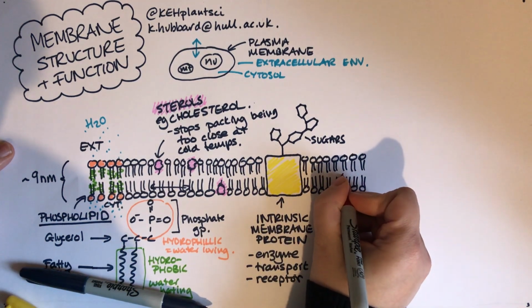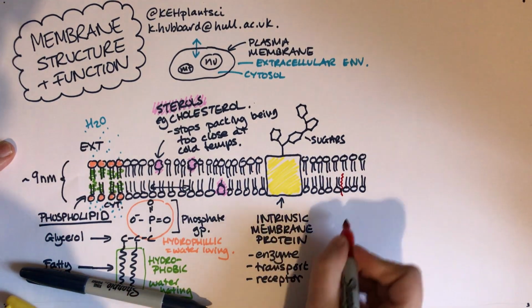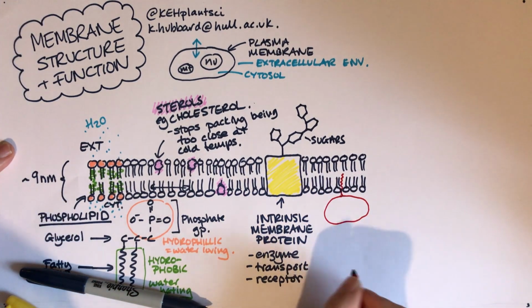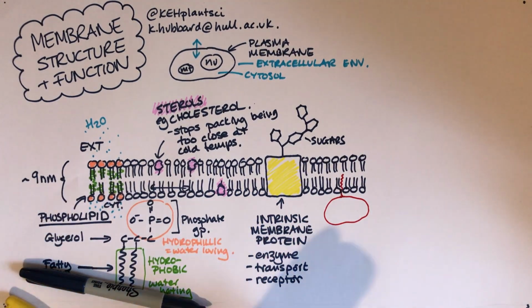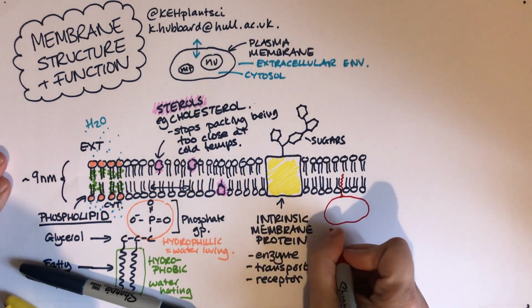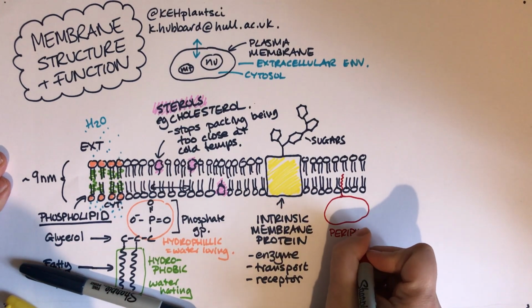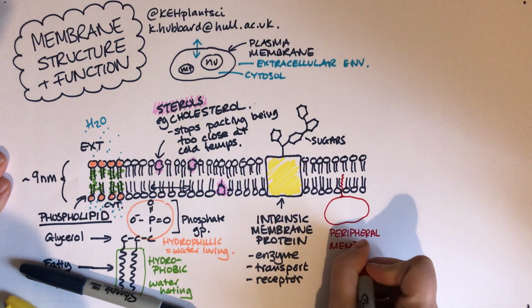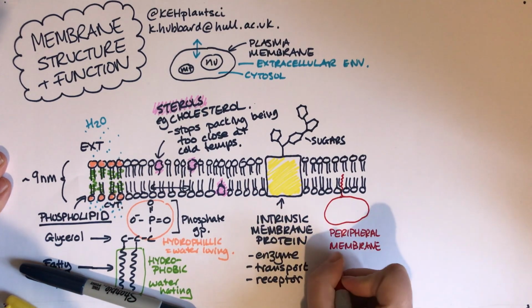Here there might be a little attachment, a little tail on the protein, but then the protein actually lives on the outside of the membrane. So this time it's on the cytosolic side. So that is a peripheral membrane protein.